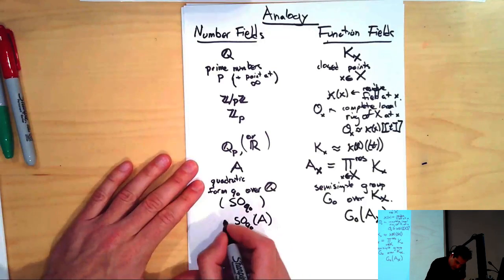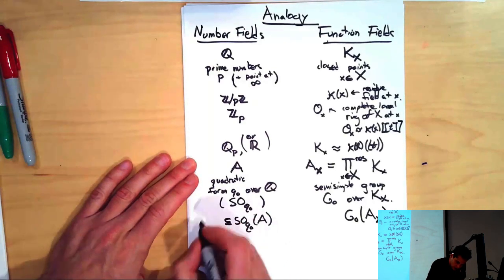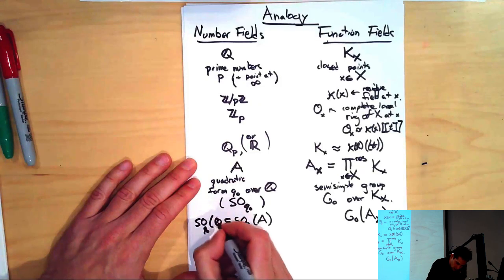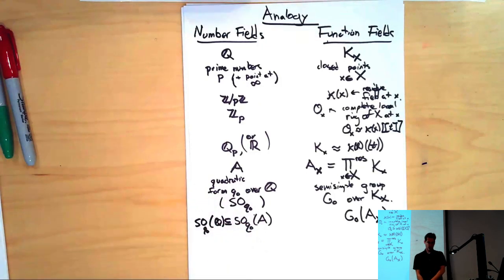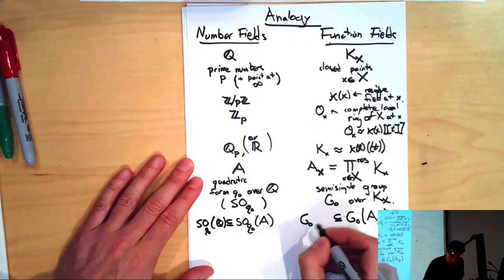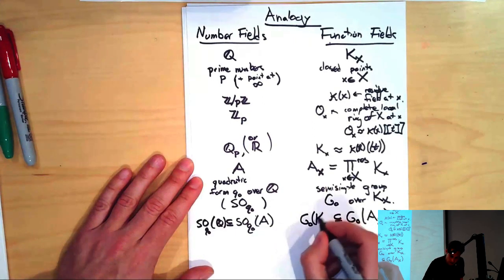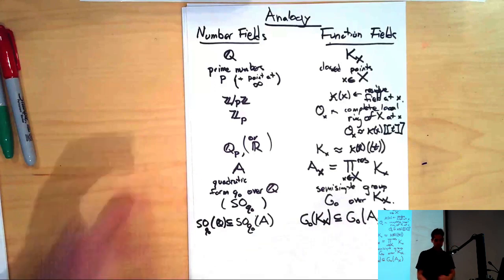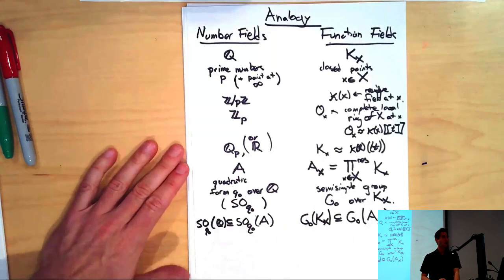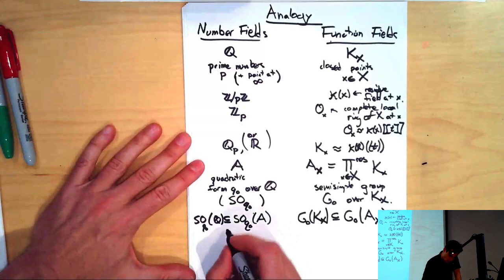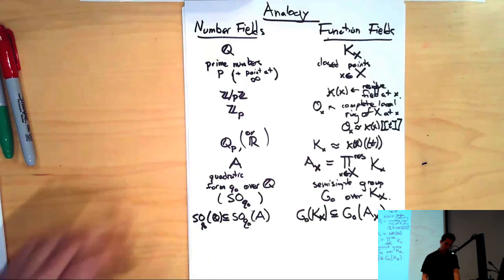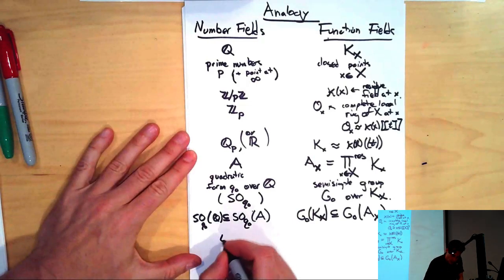And inside here, we had a discrete subgroup, which was SOQ of the rational numbers. And inside here, we similarly have a discrete subgroup, which is G0 evaluated on the field Kx itself. What was important in our story this morning was that this locally compact group on the left had a canonical invariant measure on it called Tamagawa measure.